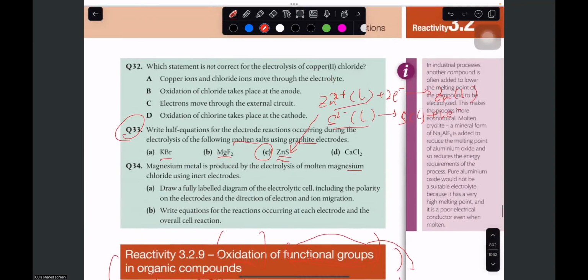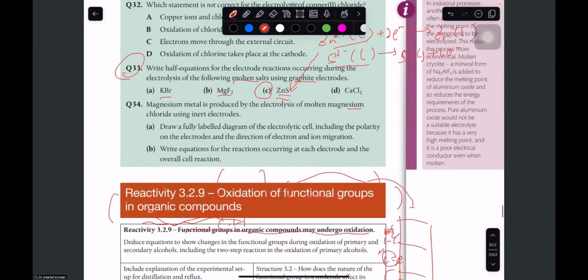Okay, this is the first part. We use molten elements to produce the cell.